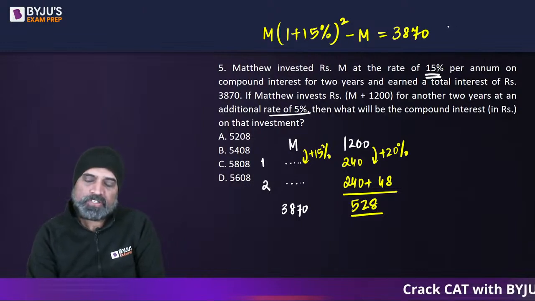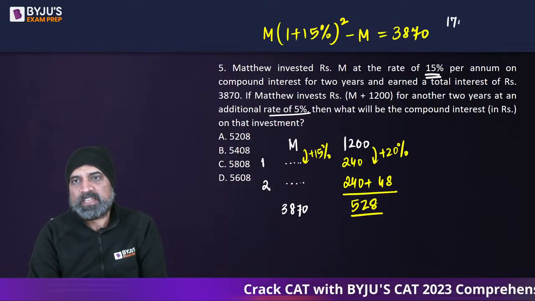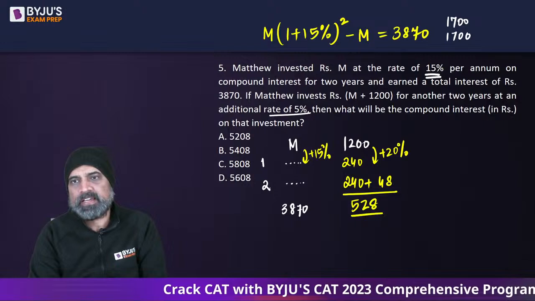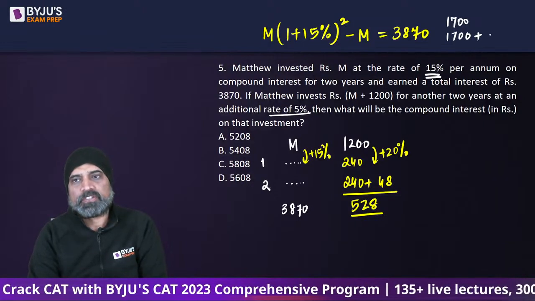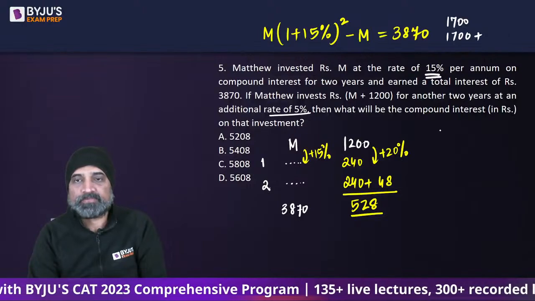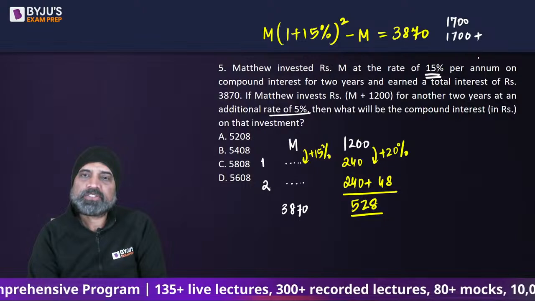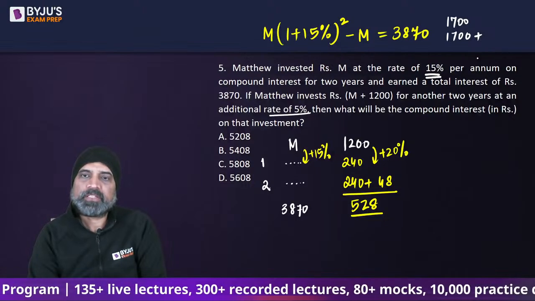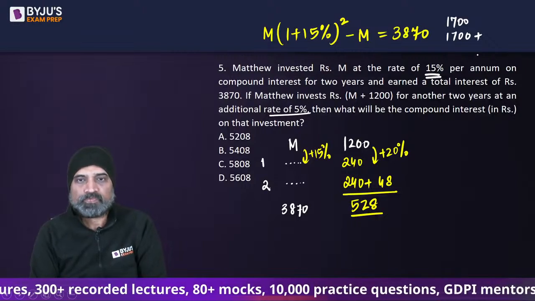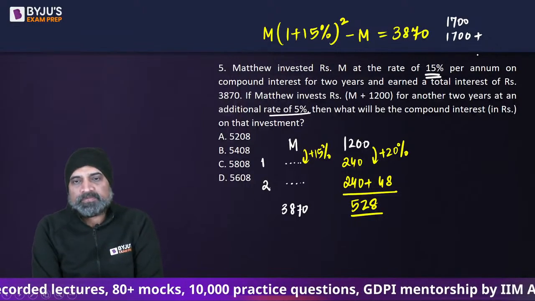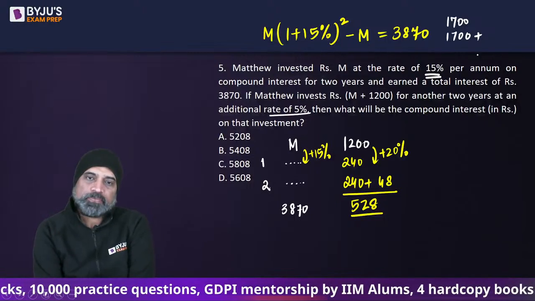It will also not give us. 1,600 doesn't give, 1,800 doesn't give. 1,700 and 1,700, and then 15% of 1,700. So we need a value whose 15% gives me the simple interest. It should increase by 5% more.